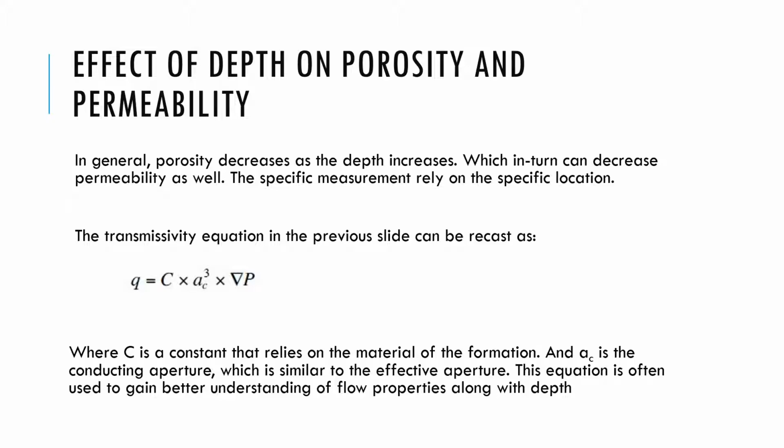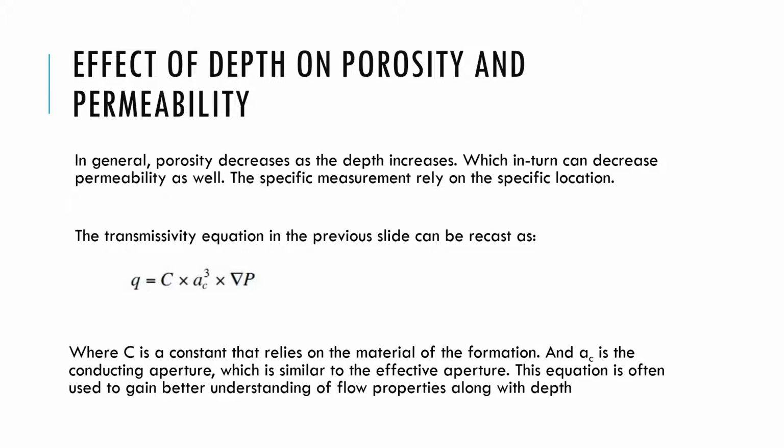Now, even though we have emphasized before how porosity and permeability are not necessarily interconnected, you can have the same porosity for two different formations and two extremely different permeability ranges.